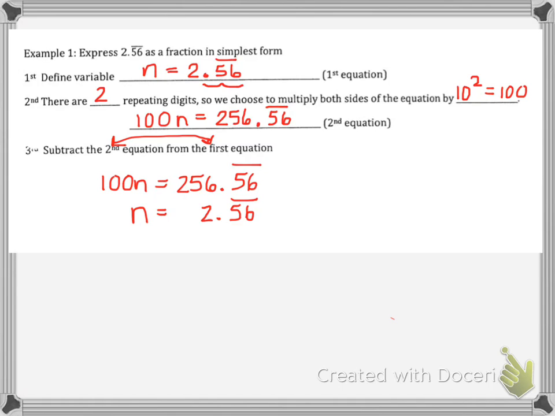Okay, and if you're doing that correctly, that will always eliminate this repeating piece. All right, so then when we subtract there, we get 99n equals 254.